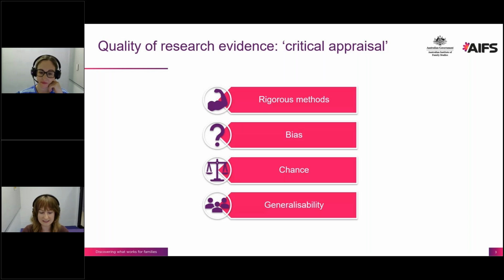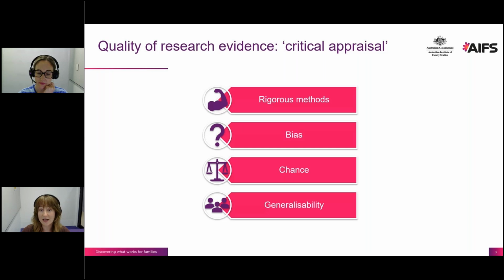You can also look at their exposures or their programs and also their outcomes, and how they measured these things. Did they measure them in a way that's reliable, or are they accidentally measuring something else? How long is their follow-up? Is it a reasonable time between when the program finished and the outcome being measured?